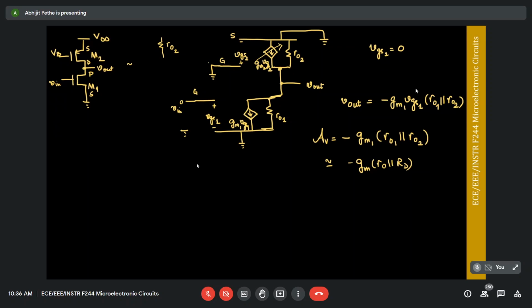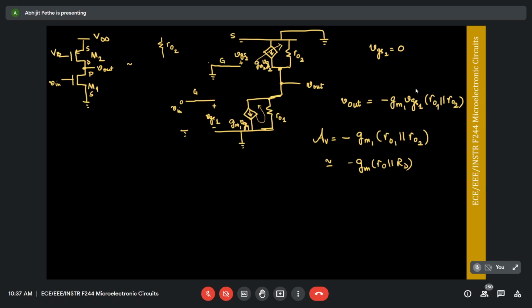Could you explain the Vout once again? Okay. What didn't you understand? If you look at Vout, this current is going to flow through ro1. ro1 is connected between Vout and ground, and ro2 is also connected between Vout and ground. Therefore, ro1 and ro2 are parallel to each other. And what is the current flowing through the ro1 parallel ro2 combination?